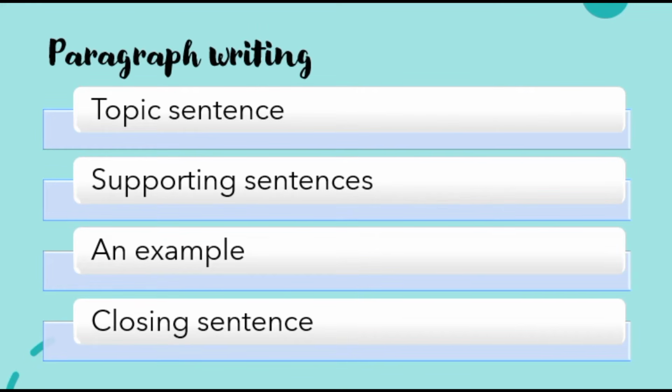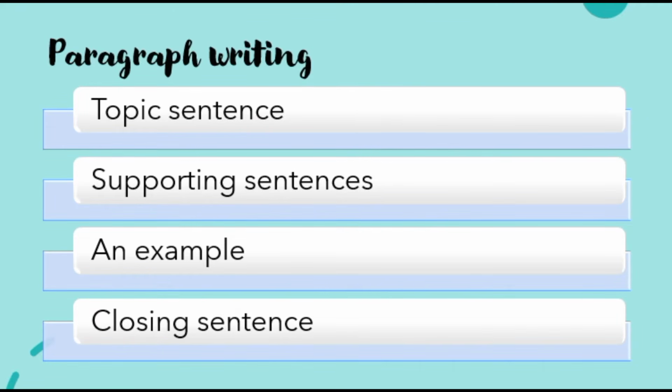Let's now move on to how to write a proper paragraph. Your paragraph is made up of 4 parts. Let's now look at these 4 parts. I will be explaining more about them later on in this video. So, the first part of your paragraph is your topic sentence. The topic sentence here is your content point for the paragraph. The second part of your paragraph are the supporting sentences.